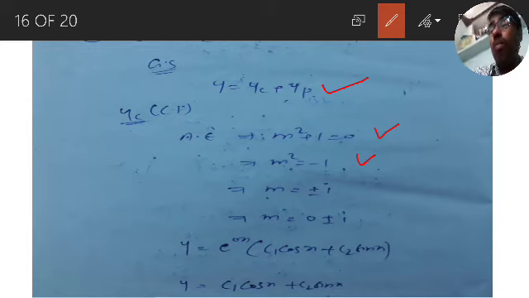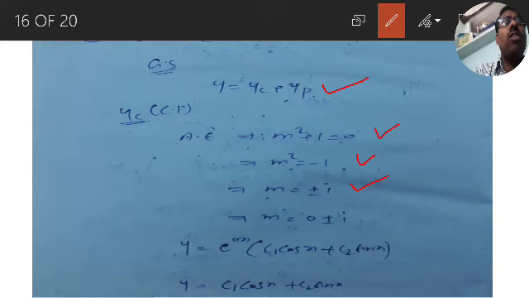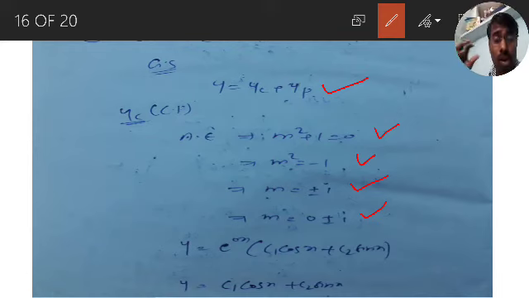It is i. So m is equal to plus or minus i, that is, m is equal to 0 plus or minus i. The roots are complex, and whenever complex roots exist, they exist only in pairs: plus i and minus i, or 0 plus i and 0 minus i.